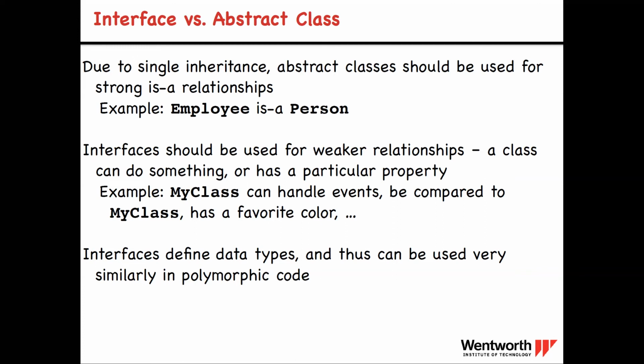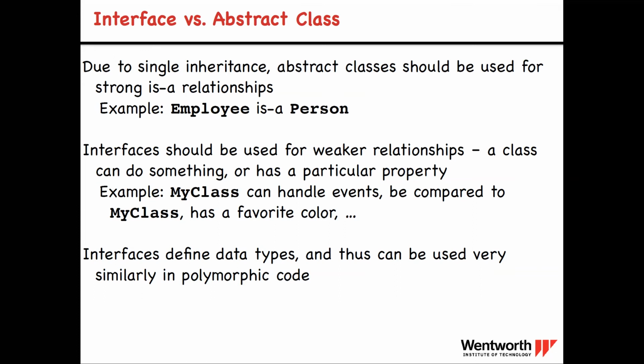And you'll hear me say this is a thing in the future, and I'll try to emphasize it when I'm talking about certain things. For example, an employee is a person. Or a cat is an animal. Those sorts of strong relationships.